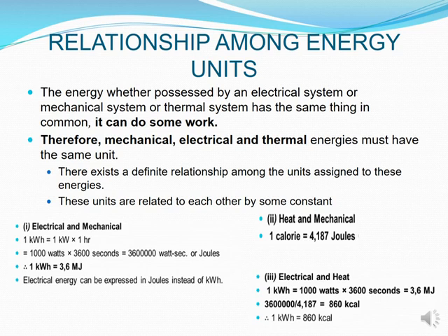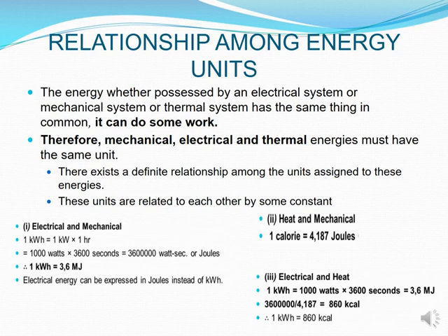So just to summarize the slide, between electrical and mechanical energy, you will have your 1 kilowatt hour being equivalent to 3.6 megajoules. Then between your heat energy and mechanical energy, your 1 calorie, which is what is measured in heat, will be the same as 4.187 joules.